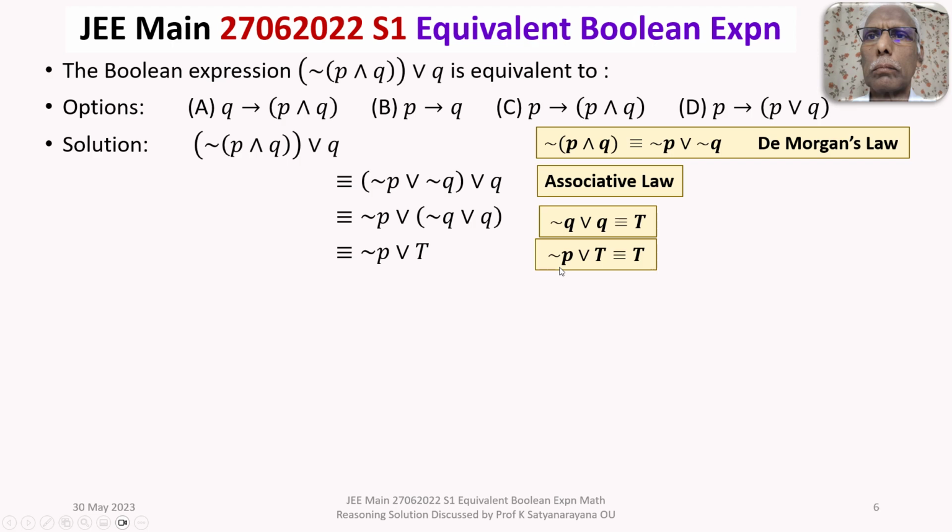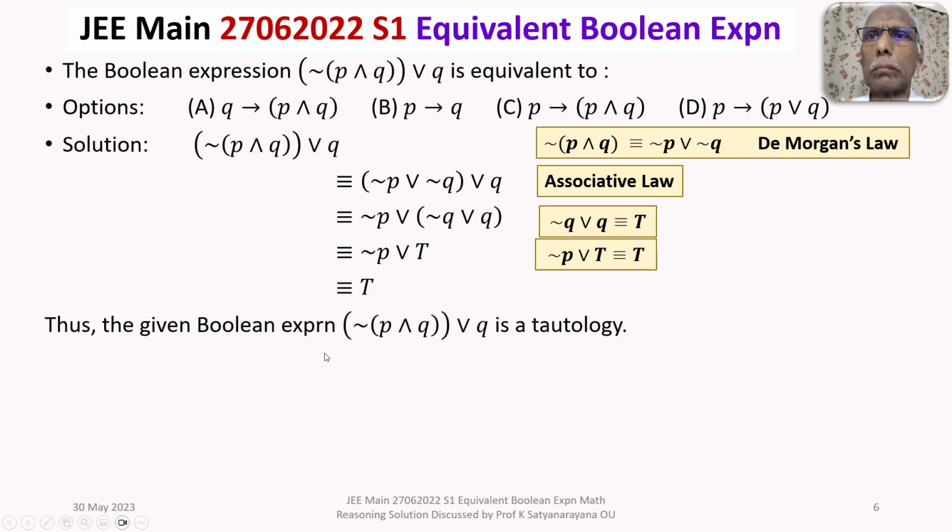So also for negation of P. So it is logically equivalent to T. That means for all truth values of P and Q, this Boolean expression will always give the truth value true. Therefore, this is a tautology.